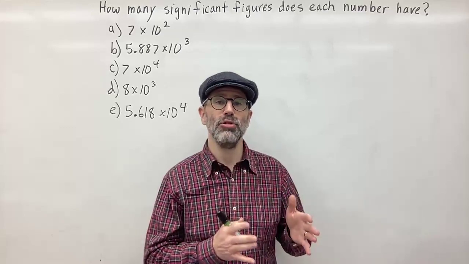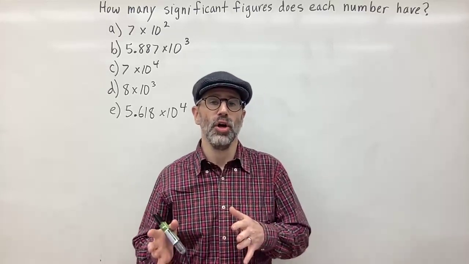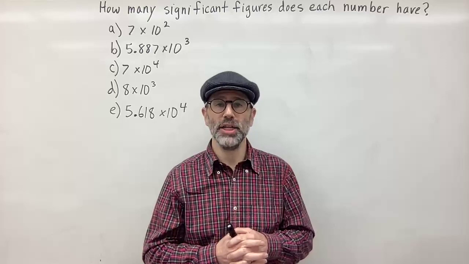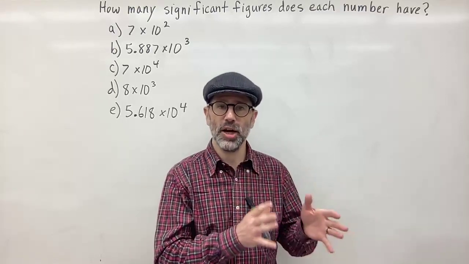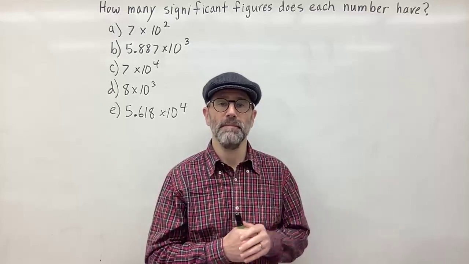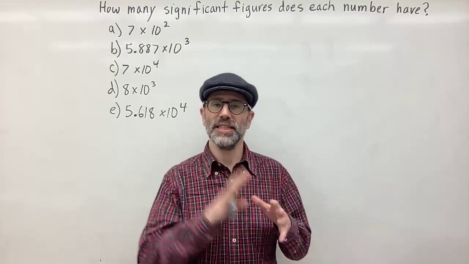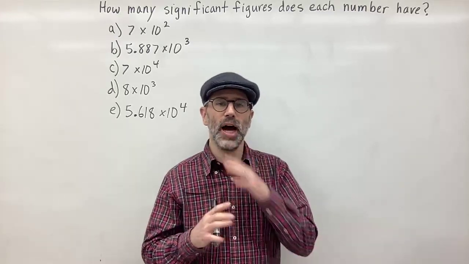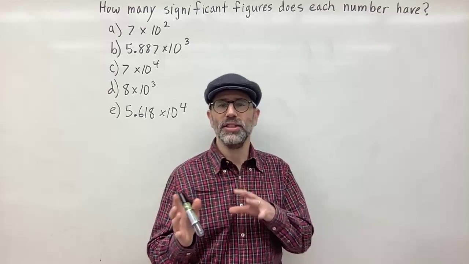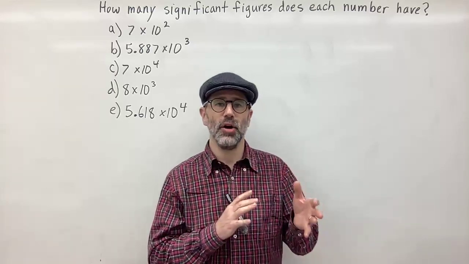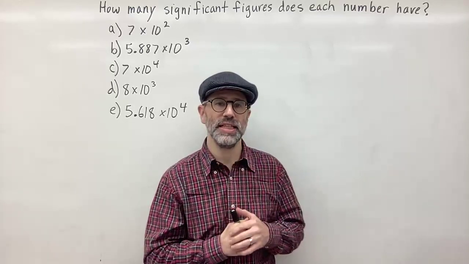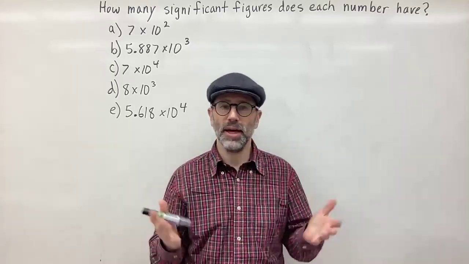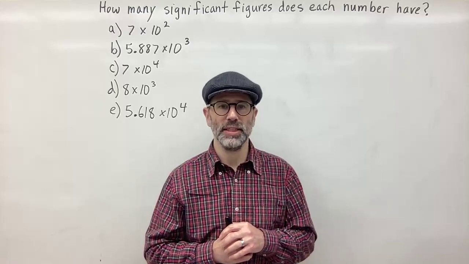It gets rid of the zeros and things like that. So you don't have to worry about determining whether a zero is significant or not, because if it's among the digits in your scientific notation, then it's got to be significant.